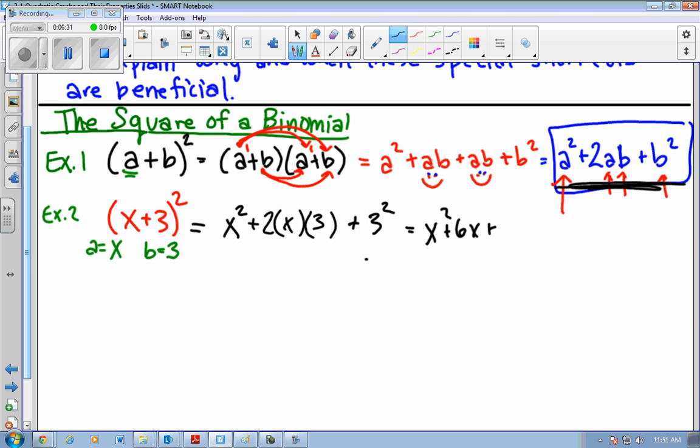What is 3 squared? 3 times 3, 9. So try another one. It will get easier the more we practice. I think maybe we should practice saying this.